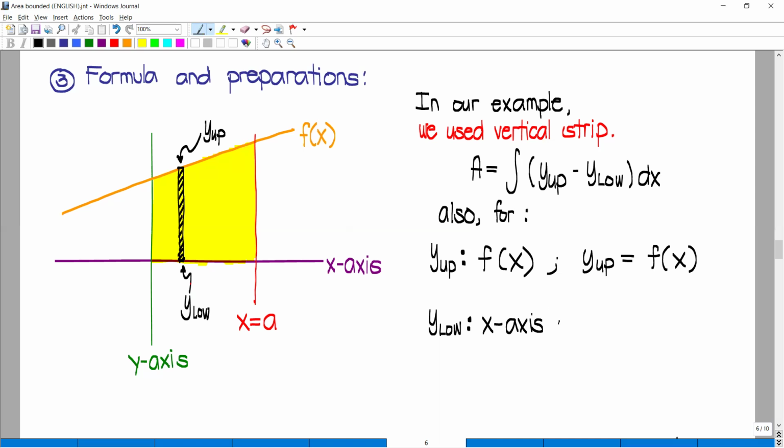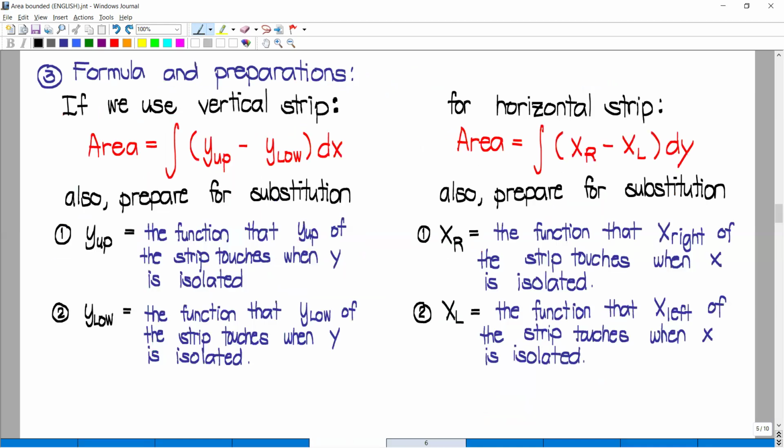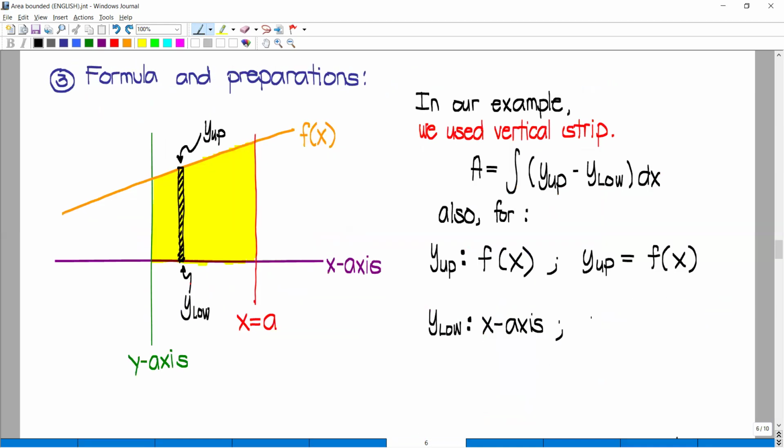Now, based on the introduction of this video, we already said what the equation is if we are considering the x-axis. So let's go to that slide. Here, guys, if we are considering the x-axis, the equation is y is equal to 0. Since it is the x-axis, the x-axis has the equation y is equal to 0.